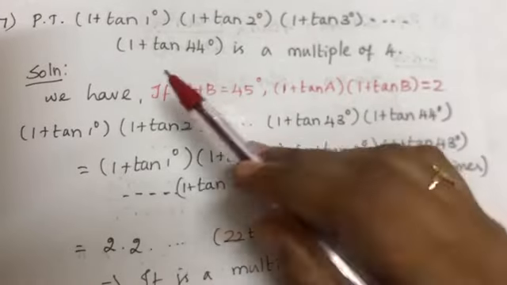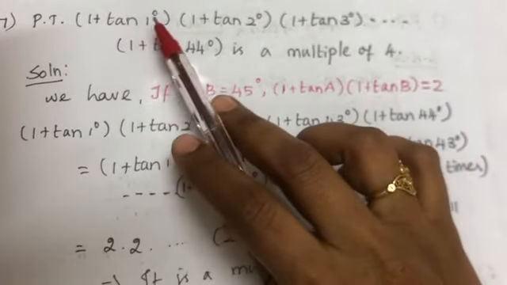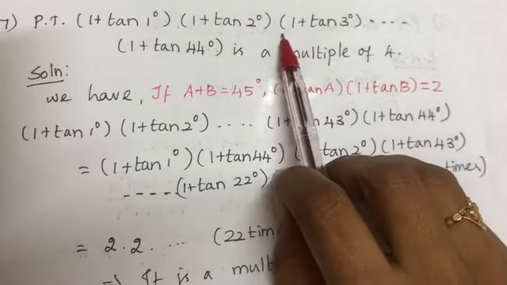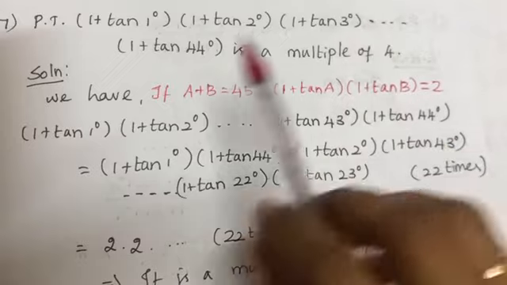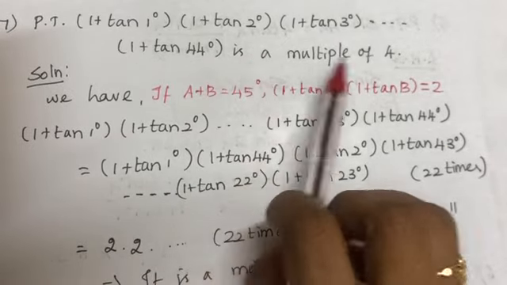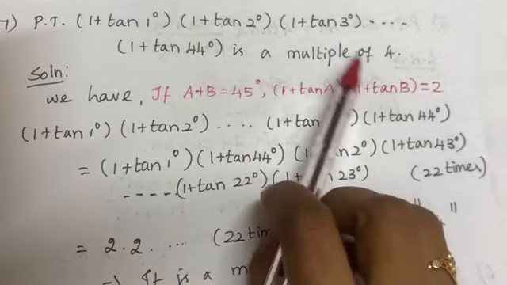7th one, 1 plus tan 1 degree into 1 plus tan 2 degree into 1 plus tan 3 degree and so on, up to 1 plus tan 44 degree is a multiple of 4. So, here we have to prove that this expression is a multiple of 4. That means its value is a number that is divisible by 4.